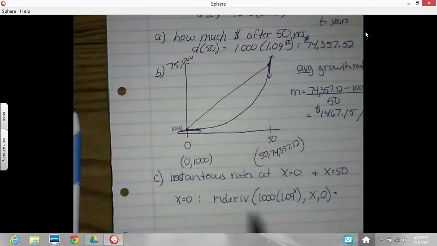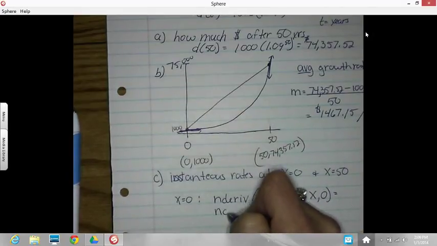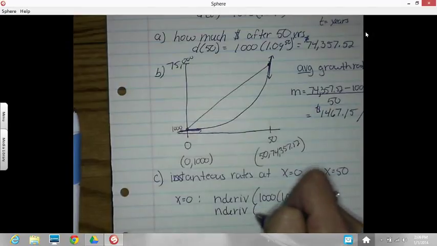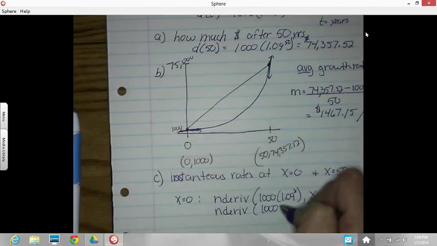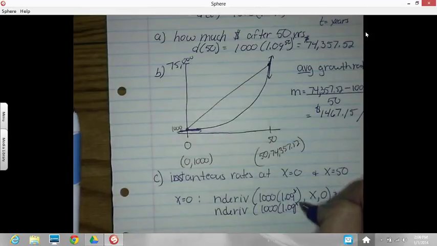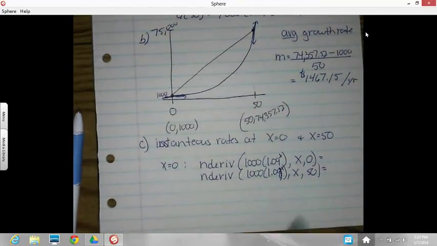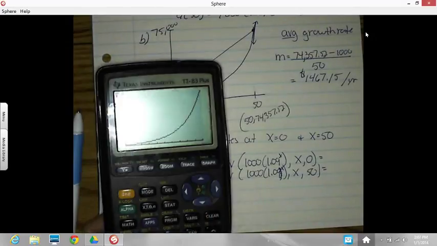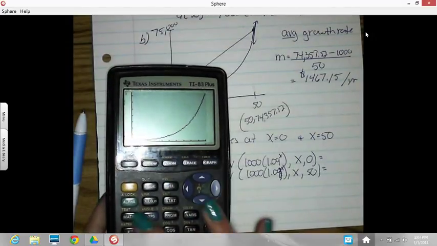And then I want to do it again. 1,000 times 1.09 to the x, comma, x, comma, 50. I got too many parentheses going on in here. Get rid of that one. Okay, and I'll let you take the time. Well, I'll do one and you're going to do the other one. So, math.